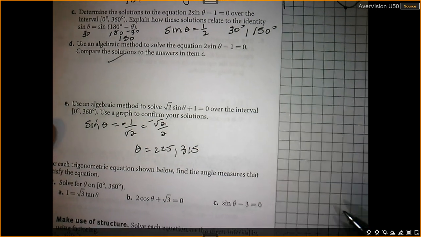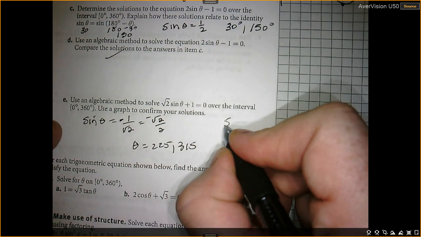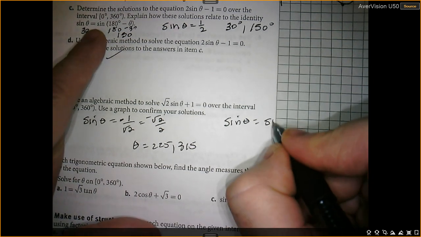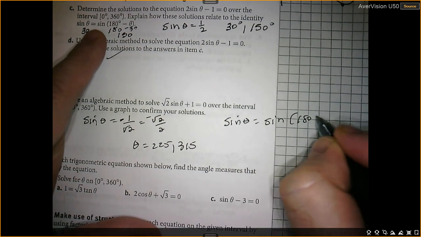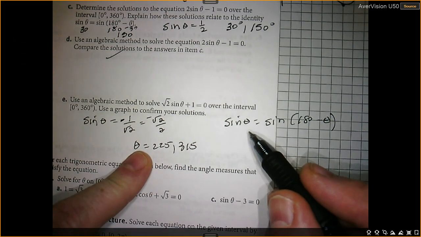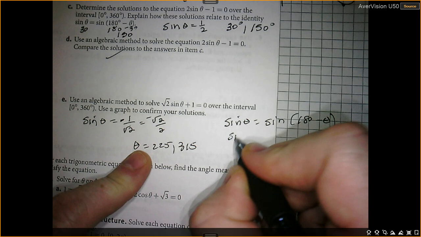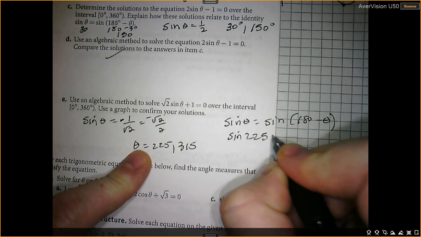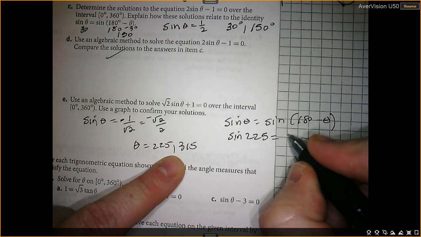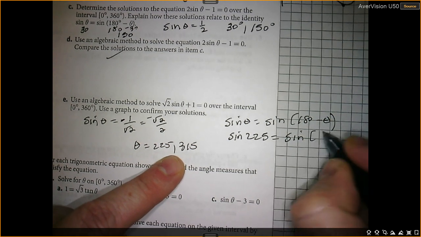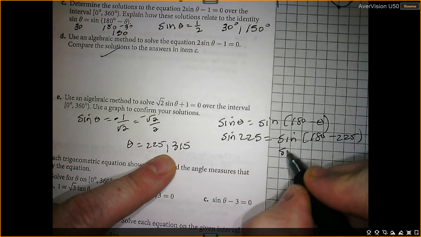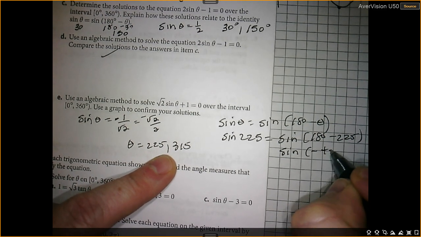But if you use the trig identities, the identity is sine theta equals sine of 180 minus theta. It tells you right here. So I'm trying to use identities to prove it. Sine theta is 225, that's what we found. We can find the other one: sine of 180 minus 225, which would be sine of negative 45.